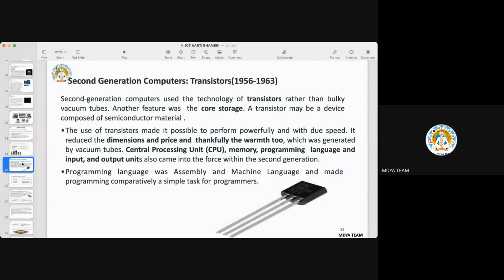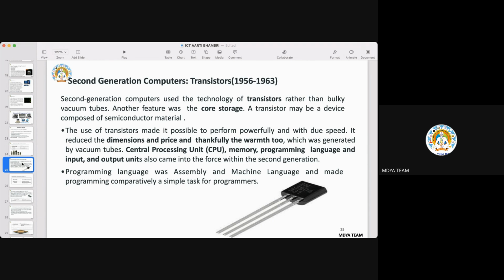The use of transistors made it possible to perform powerfully and with high speed and reduced size. And semiconductors are cheaper. Why cheaper as compared to conductors? Because they are made of silica, so it is very low in price.